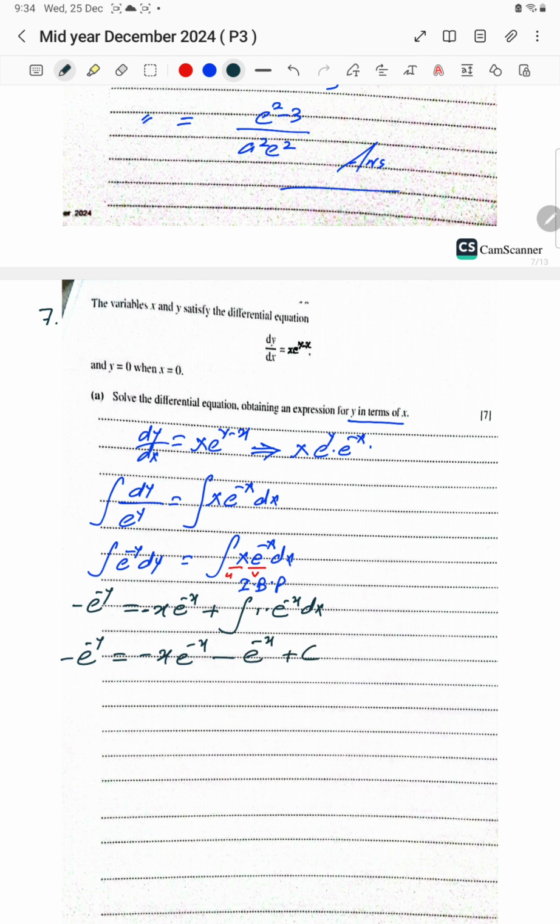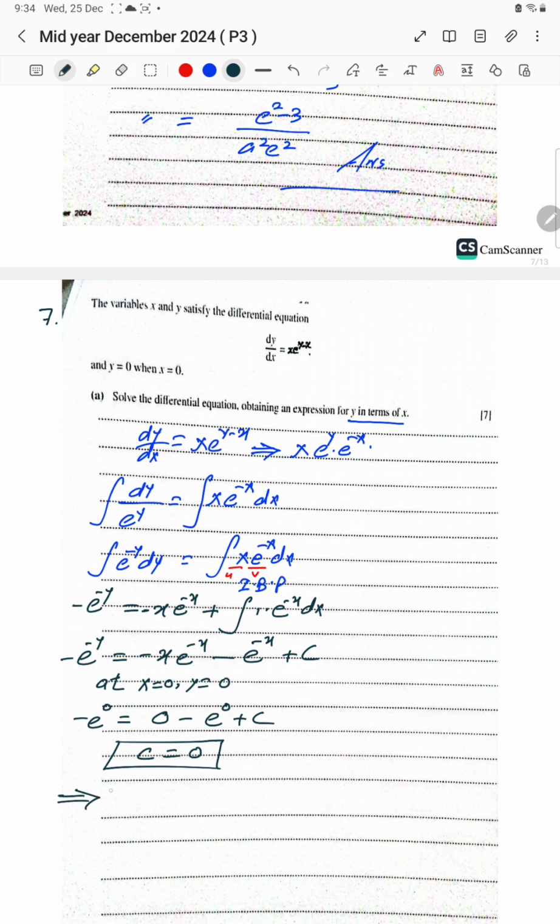So at x is 0, y is 0, we will get e raised to minus 0, which means minus 0 is 0, right? With x equal to 0, this whole term is 0, minus e raised to power 0 plus c. We get c equal to 0 because e power 0 is 1, so 1 on either side will cancel out. C is 0.